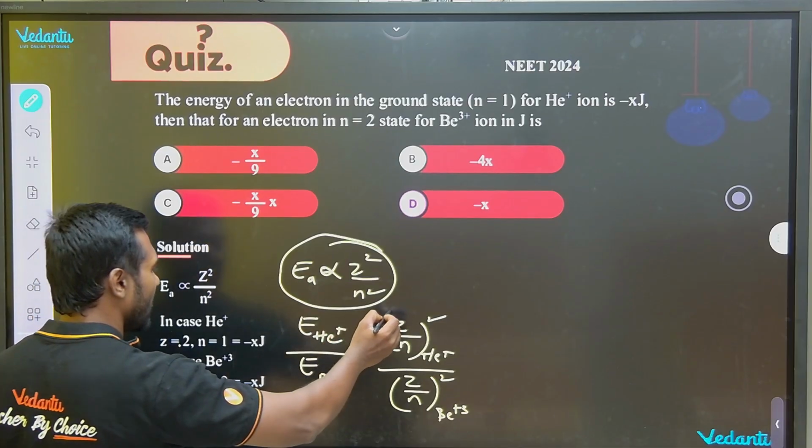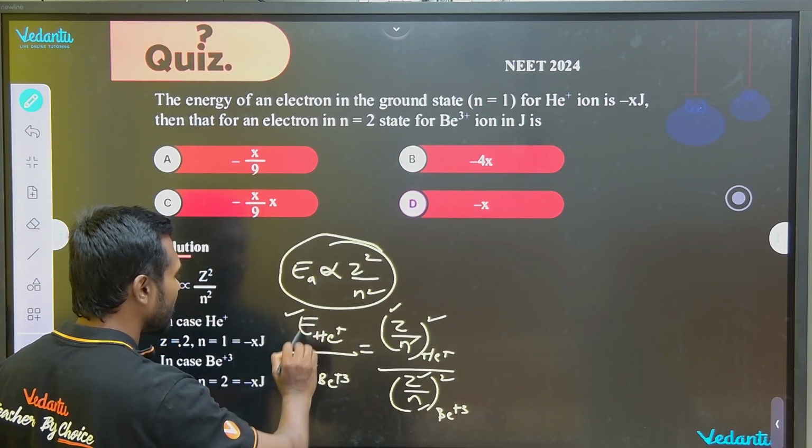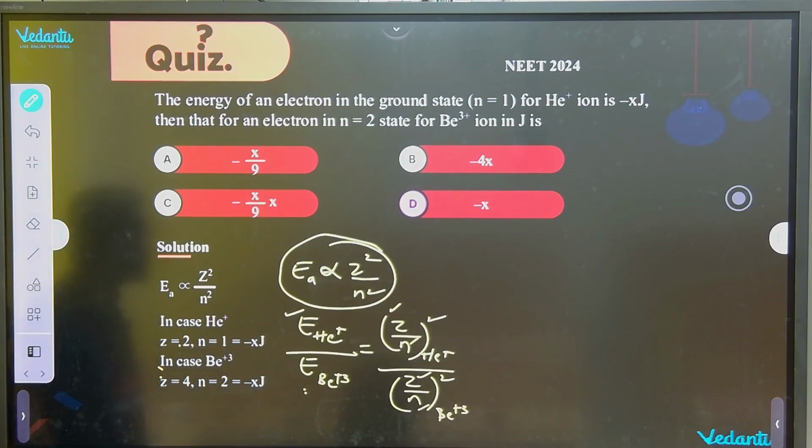Here we have the Z value and N value for both, and you have to find this value, simple.